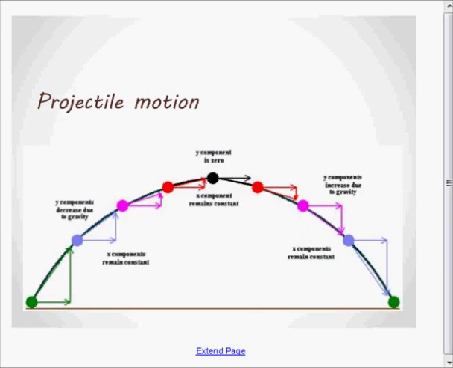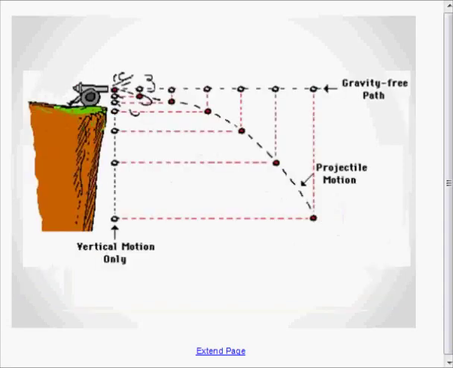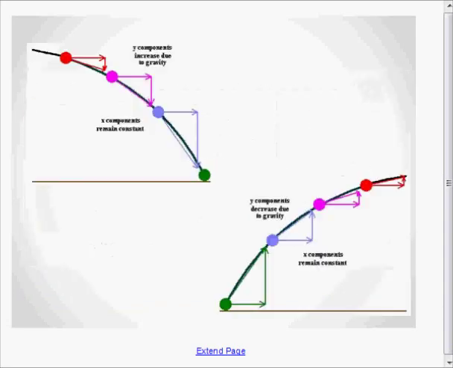The horizontal component of each of these is constant. However, the vertical component gets smaller on the way up because the acceleration is against its motion, and then it increases on the way down. So this makes it quite tricky. There's more pictures of it here.